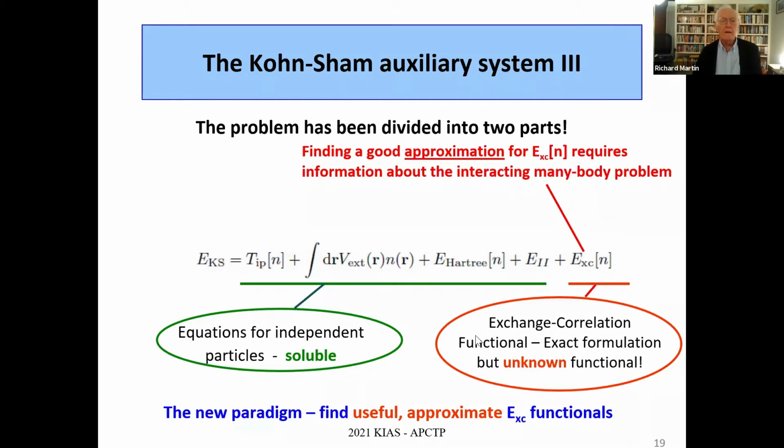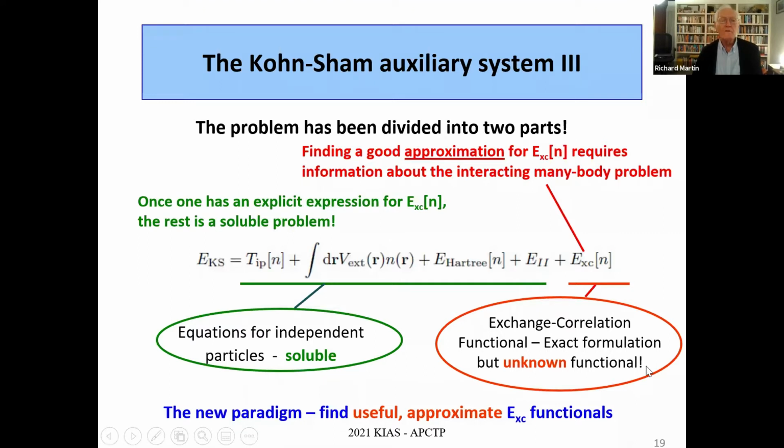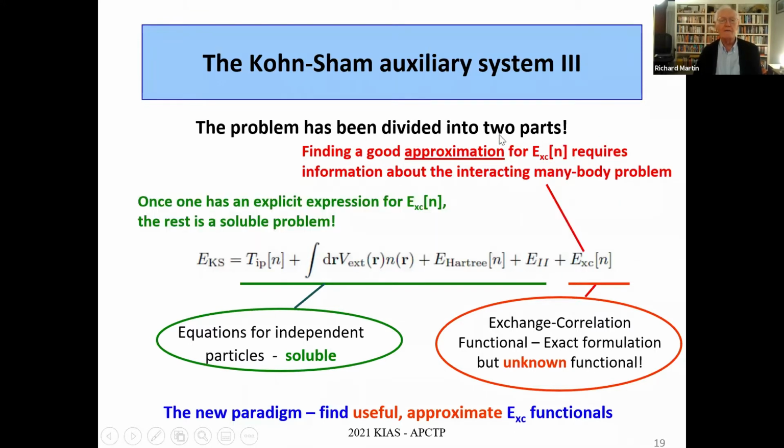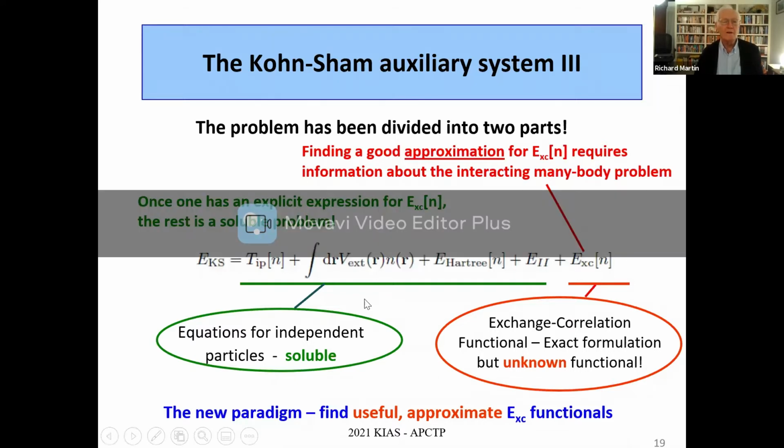And then once you've decided on an approximation, then from that point on, you know that it's a soluble problem. So relatively few people spend their lives in the density functional world of trying to understand what these functionals are, and they're very, very tricky points. And a much, much larger group of people can actually use the functionals and do interesting things with them.